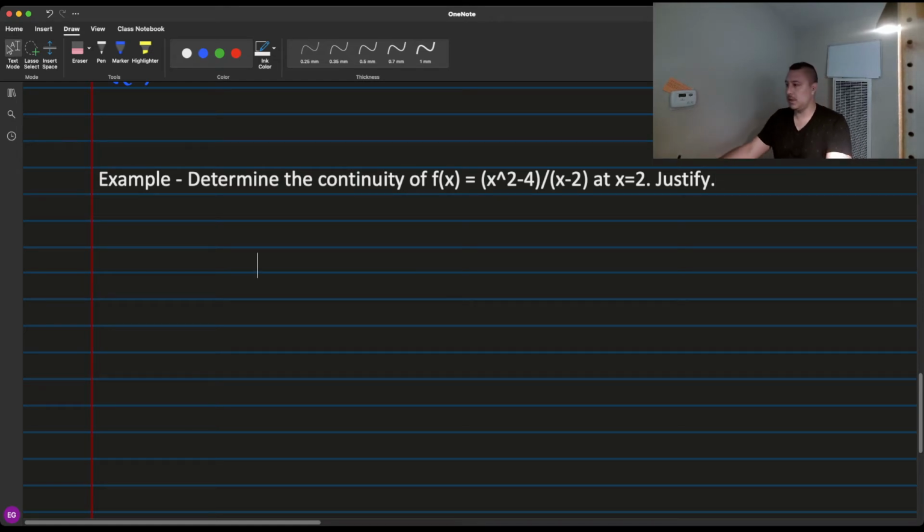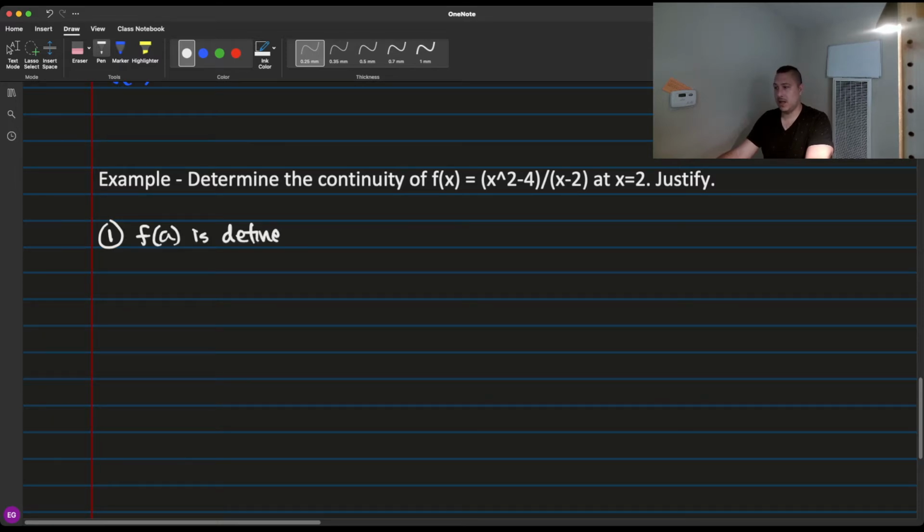Okay, cool. So you basically go in order. 1. Well, to be continuous, you need f of a to be defined. A is the value where you're interested in looking at the continuity. We're told we're looking at 2, so our a equals 2. So you ask yourself, well, is f of 2 defined? So you plug it in.